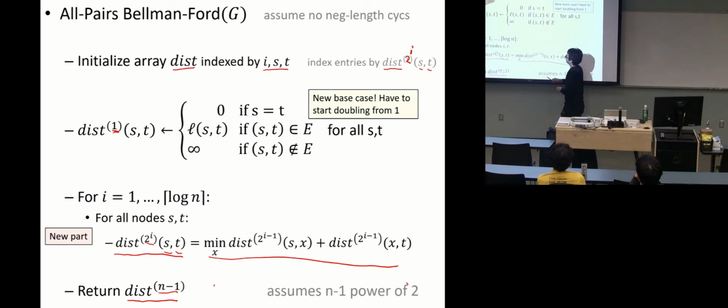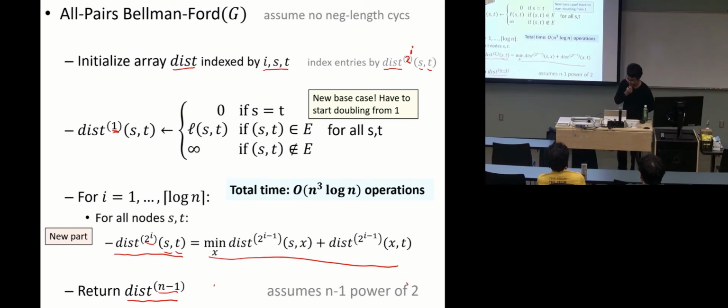So there's one log n for sure, and this is n squared, and to do this, you spend n time. So it's n cubed log n. Okay, good. So that's how you compute all pairs shortest path in n cubed log n time.